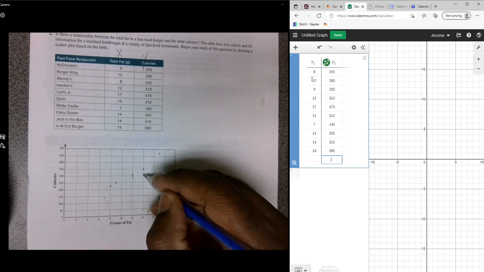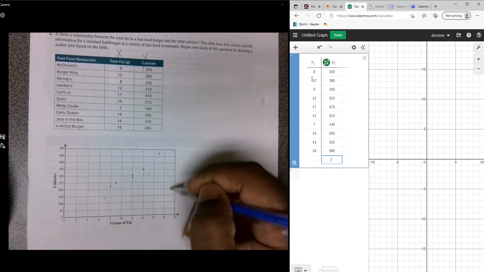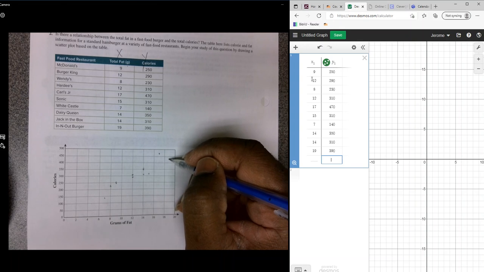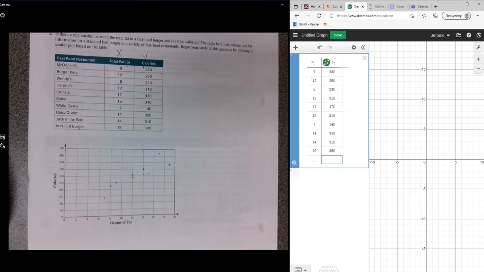And then we have 19 and 390. Be about here. Okay, this is our scatter plot. And then they ask us to do a line of best fit. Well, that actually comes in the next problem.